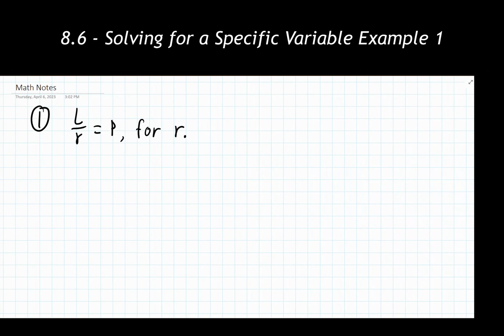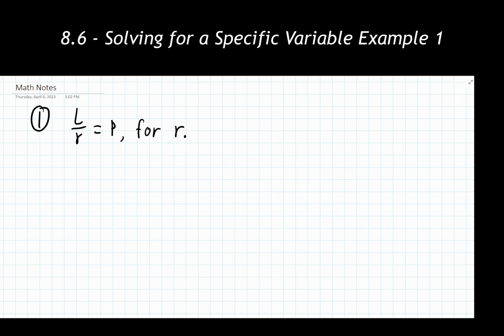So our first example here is giving us the equation L over R equals P. And we're told that we need to solve this thing for R. Now my recommendation to you when you are going through these problems is to write this whole thing out for yourself, including the part where it states what you're solving for.